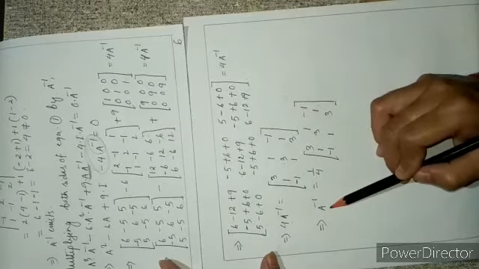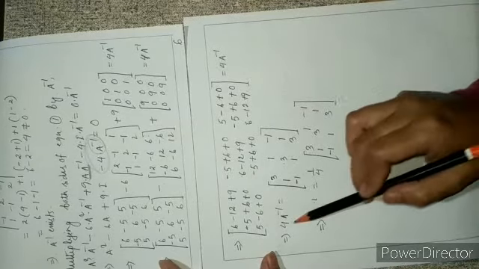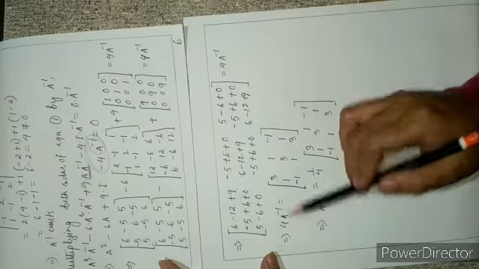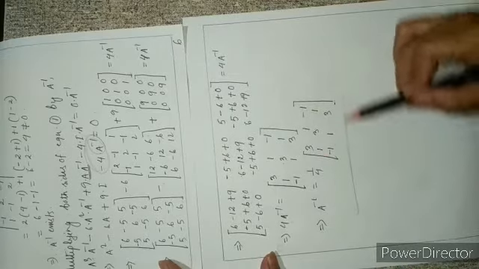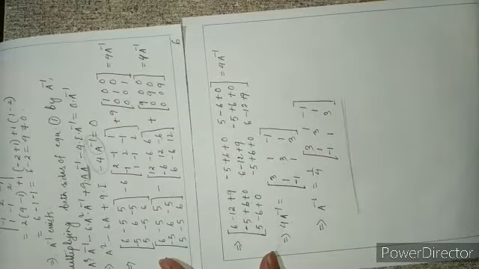And then write A inverse. To get A inverse, divide both sides by 4, so one by four times the matrix is A inverse. So this 6 mark question is an important question. For today, let's end here.